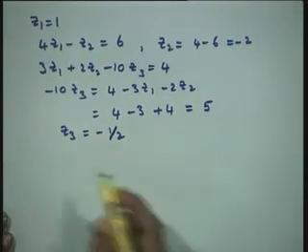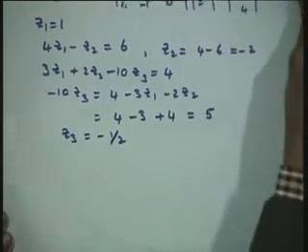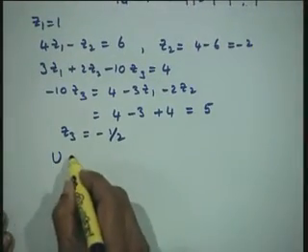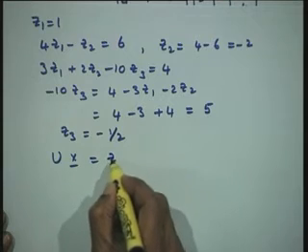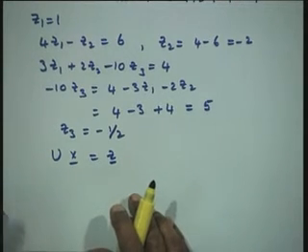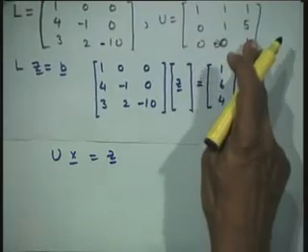Now, the second step is we have solved Lz is equal to B. Now, the solution comes from Ux is equal to Z, where our U is this matrix that we have just obtained.